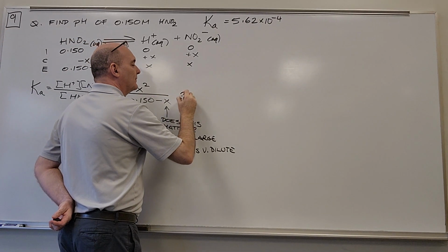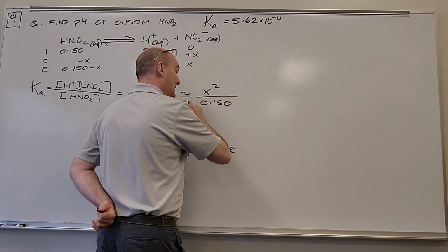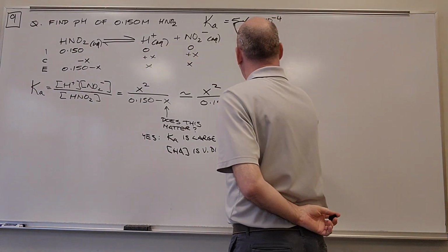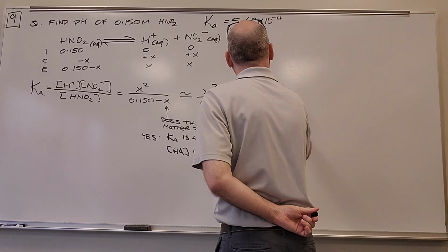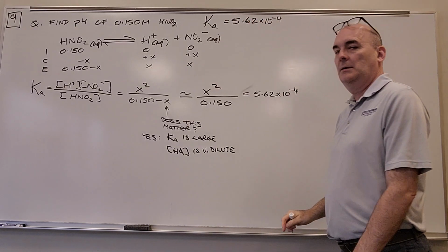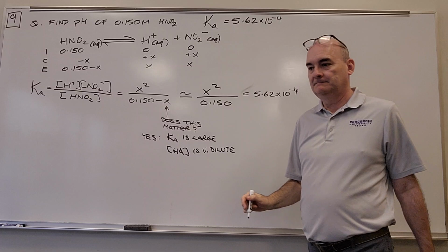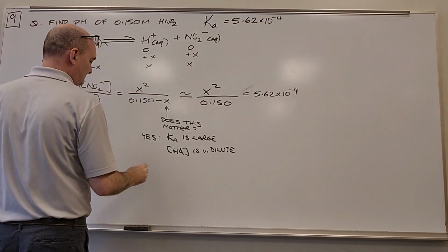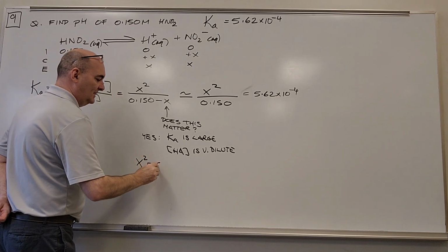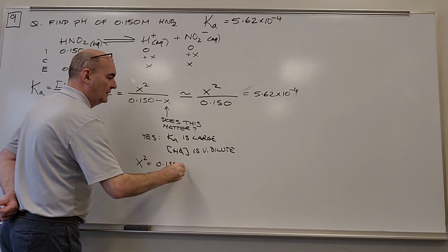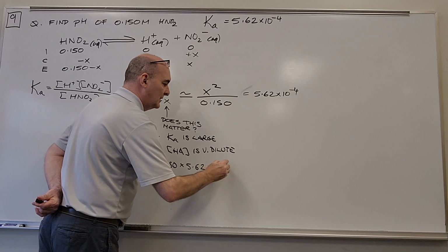Okay. Yes. So that is x squared over 0.15, approximately, which is equal to the value of our Ka, 5.62 times 10 to the negative 4. Okay, so that number times that number is x squared. x squared is 0.15 times 5.62 times 10 to the negative 4.